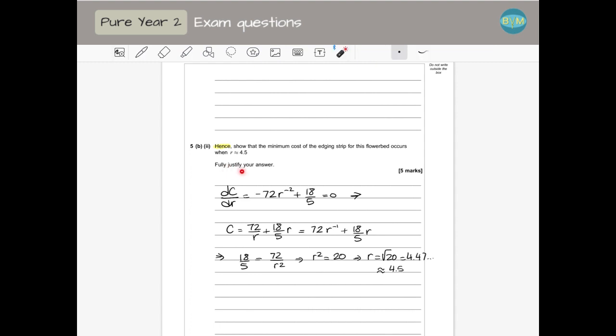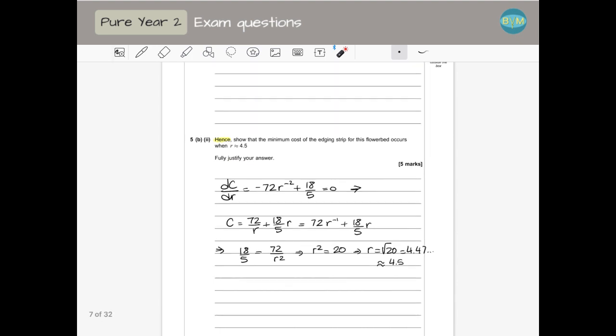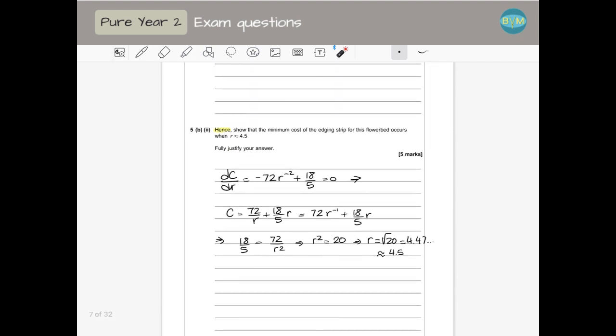It says justify fully your answer, which means that we should prove that this is a minimum. It could be a maximum. So let's find the second derivative. So we are going to differentiate again, and we are going to show that this is a minimum. So the second derivative, if we use this expression here and differentiate it again, we have minus 2 times minus 72, so plus 144 r to the power of minus 3.